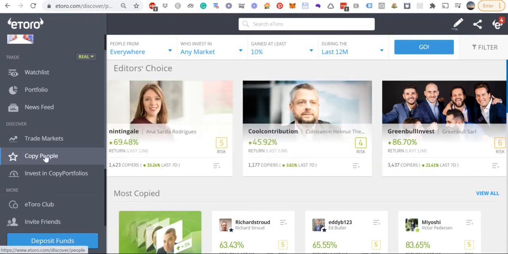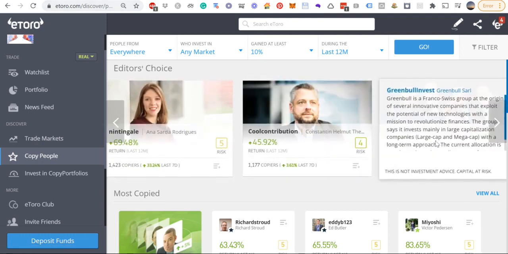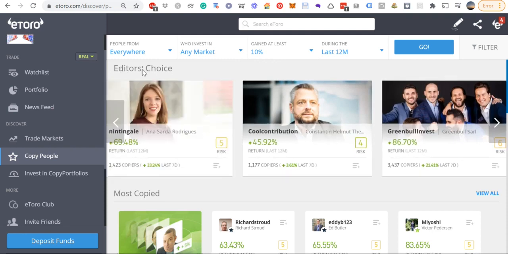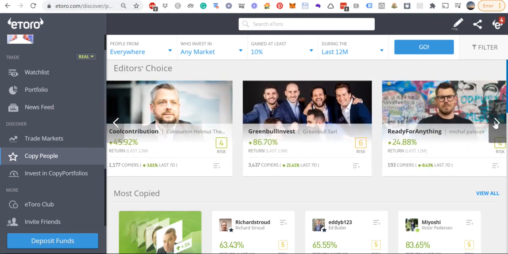If you go to copy people on the left-hand side of the eToro page, you get the home page with the editor's choice of investors along the top.